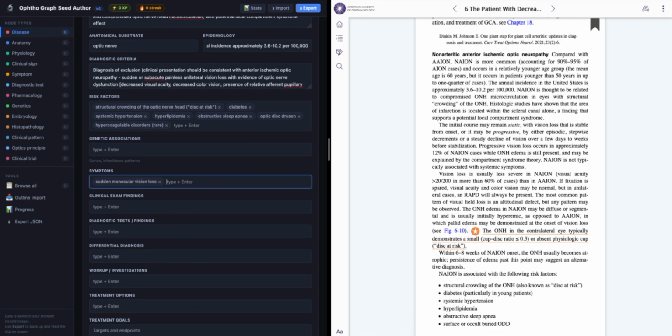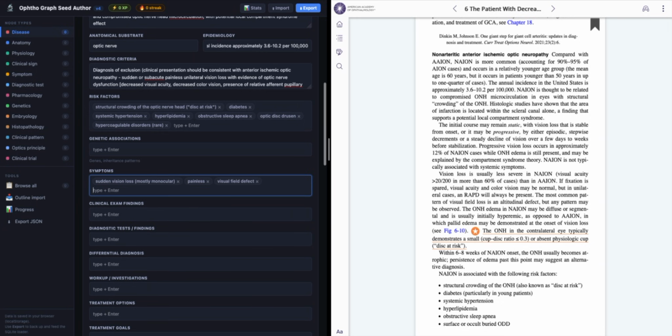So maybe we'll still call it sudden vision loss, and then in parentheses mostly monocular, right? And then it's painless. Visual field defect is present, right?